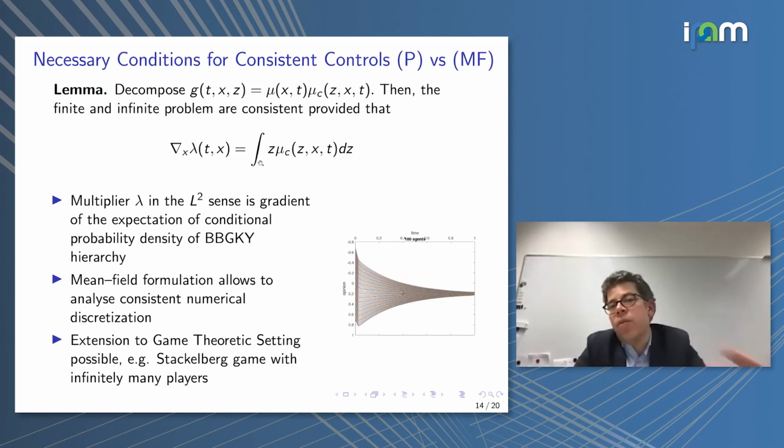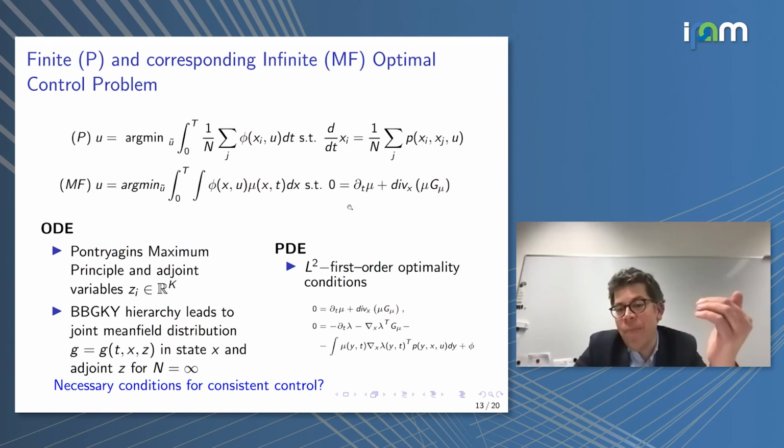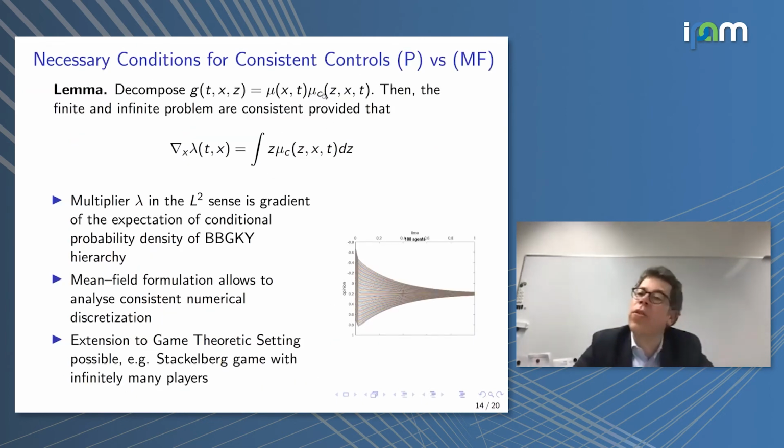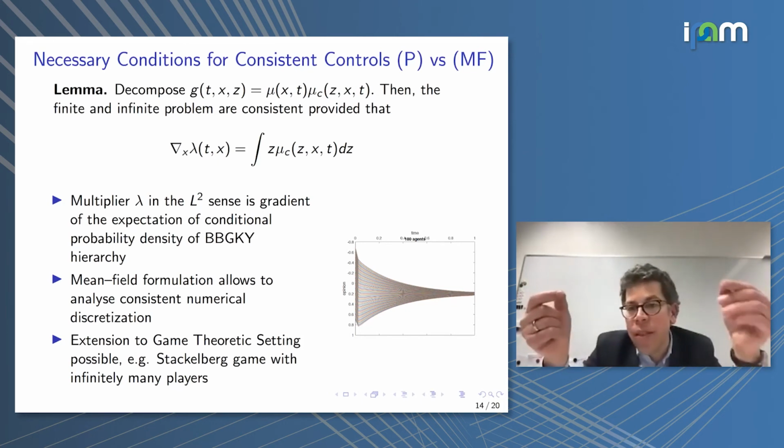The idea is that you can decompose this function g of the ODE level into another function mu, which would fulfill this equation in the end, and a conditional probability. So given x, this mu would be a probability distribution in z. And then we can show that these two problems are in fact equivalent.